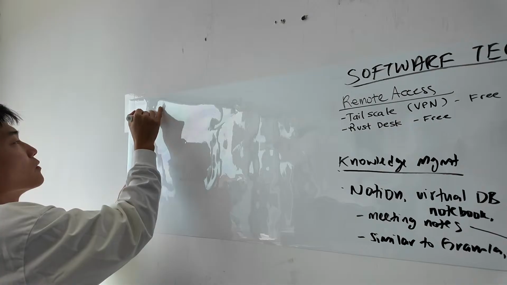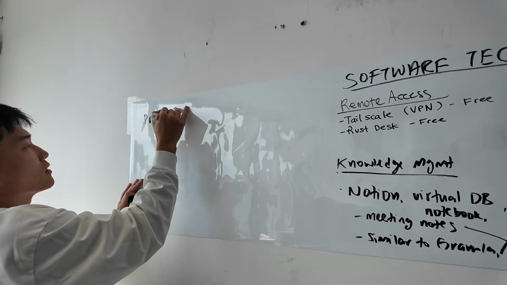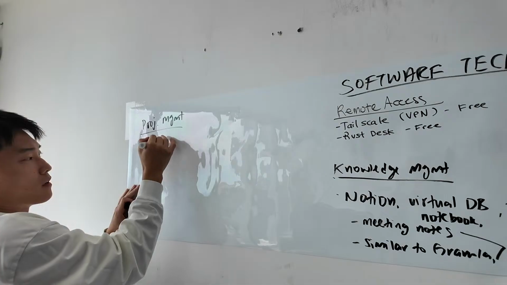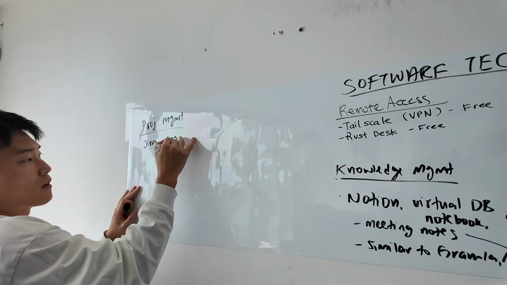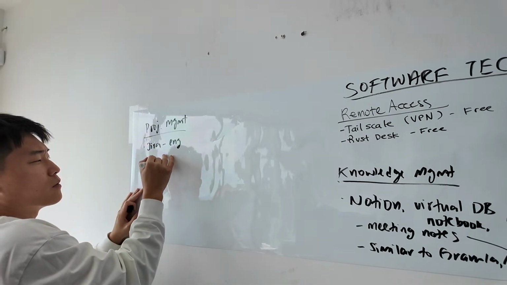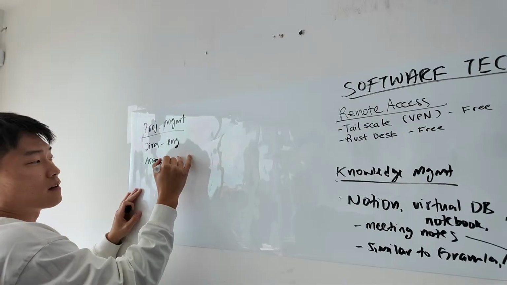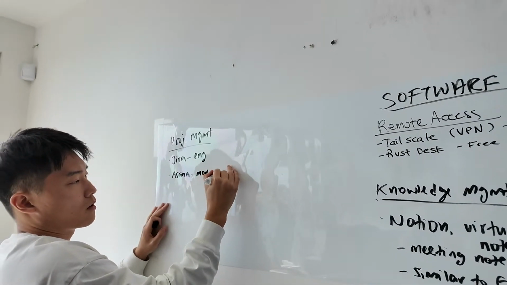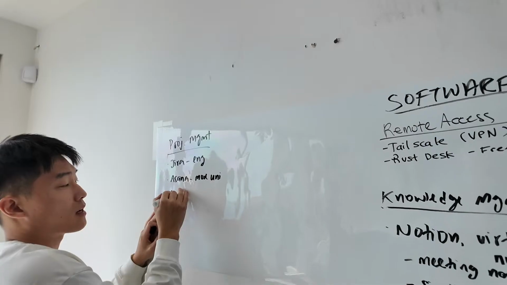Let me actually start with project management. Obviously, there's Jira, which is what a lot of engineers will use. There's Asana, which I think is a little bit more universal friendly. I think people also like Monday.com.